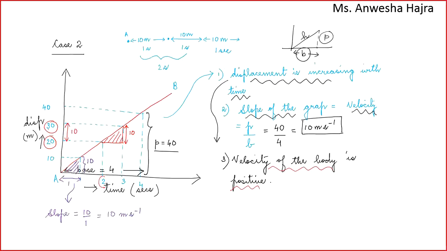And this is 2, this is 3. So this is 3 minus 2, 1. So someone takes a small triangle and tells slope is perpendicular by base. Answer will come the same. For a straight line, the slope does not change.